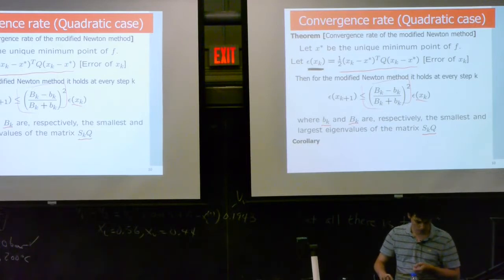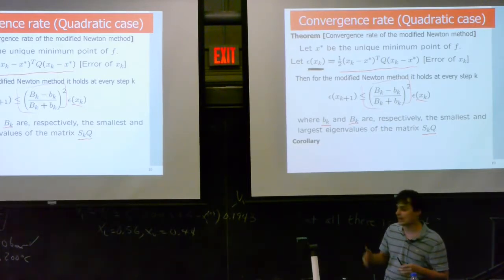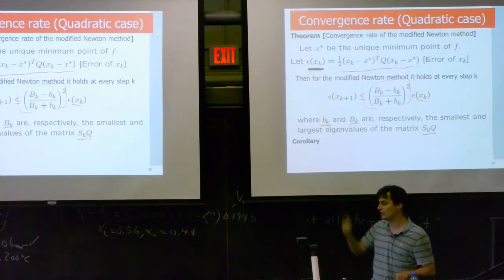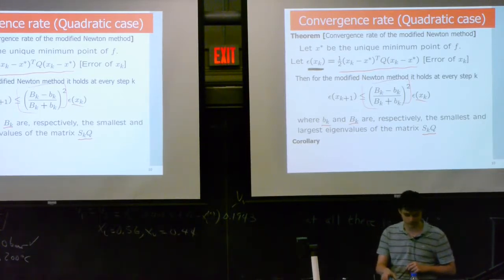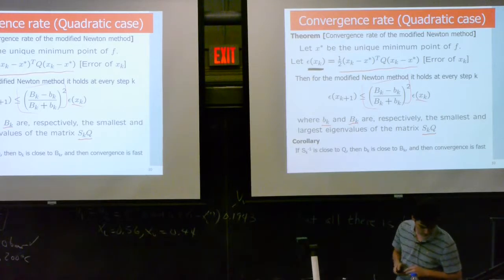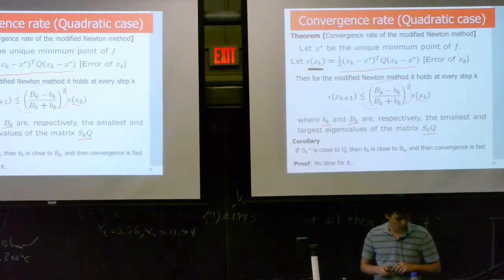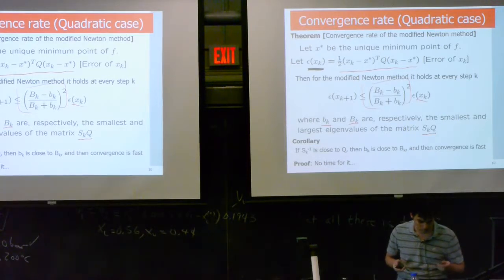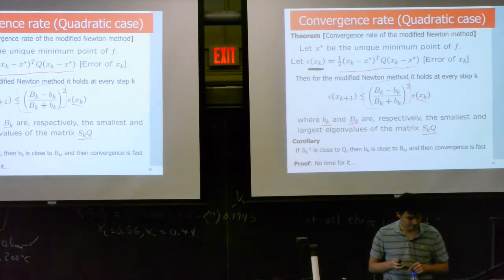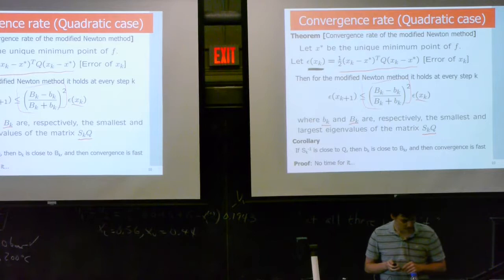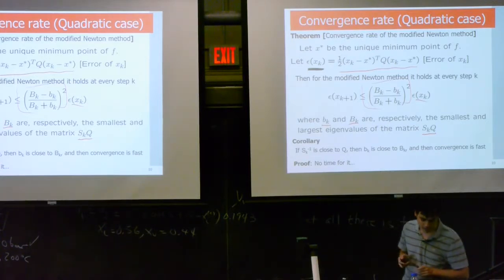And so we want S_k Q to be the identity matrix. In other words, S_k ideally is the inverse of the Hessian. Okay, we don't prove this, but you might discuss this during recitation. The proof is not that difficult.